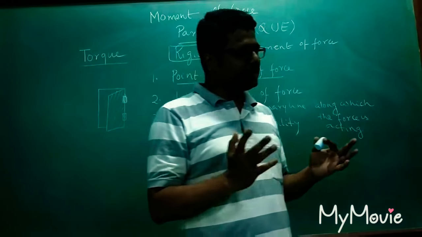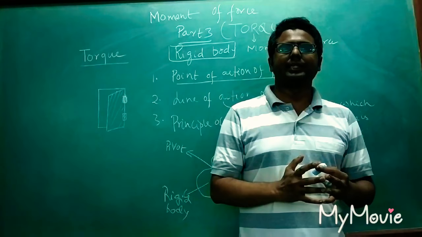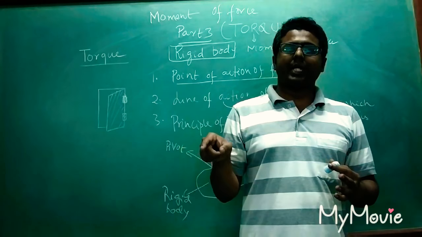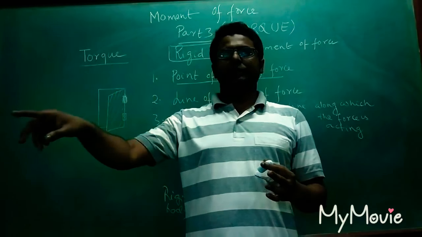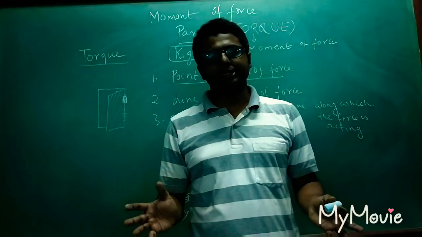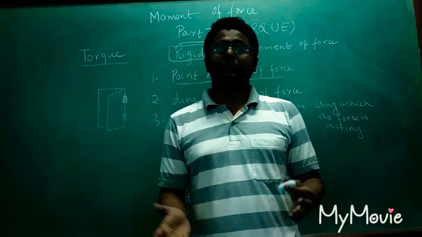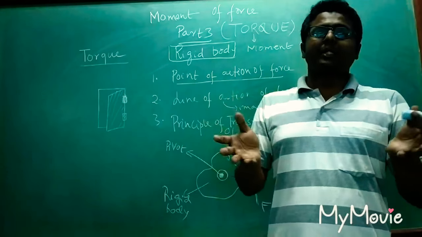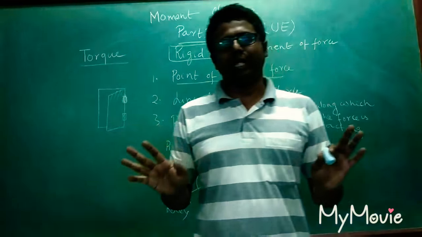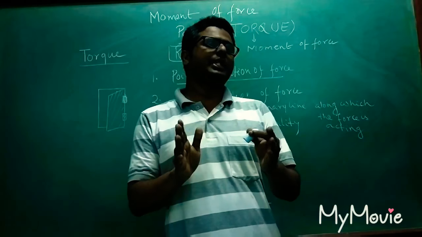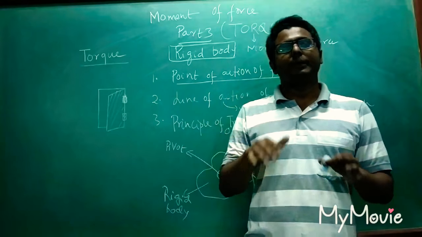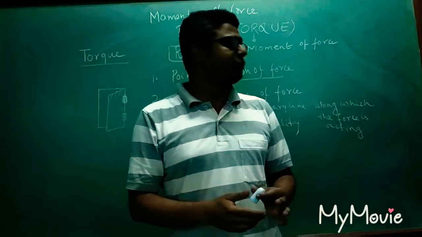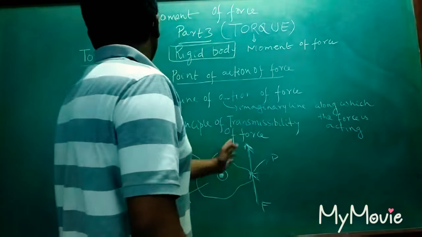So basically, the principle of transmissibility of force says that the force acting on any rigid body will cause the motion through the rigid body without causing any material change in the rigid body. Material change would mean a chemical change, which is not going to happen, we are studying physics. So it will cause the motion, but there won't be any material change inside the body. That is basically the principle of transmissibility of force.